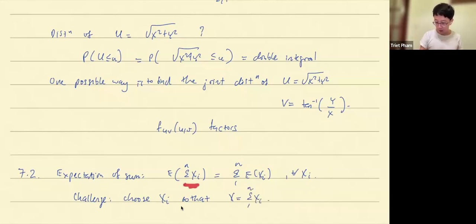So basically you want to calculate the expectation of a random variable. You break it down into components and then calculate, all right?